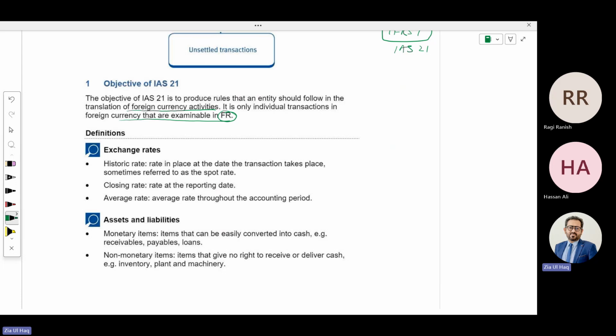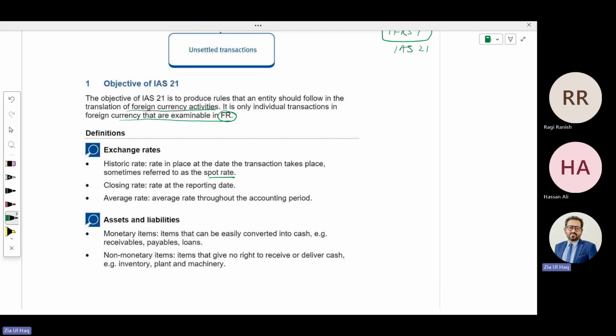Okay, what is an exchange rate? There are three types of exchange rate: historic rate, also called spot rate, closing rate, and average rate. What is historic rate? The rate at the time of transaction. When we are performing a transaction, what is the market rate, what is the exchange rate?